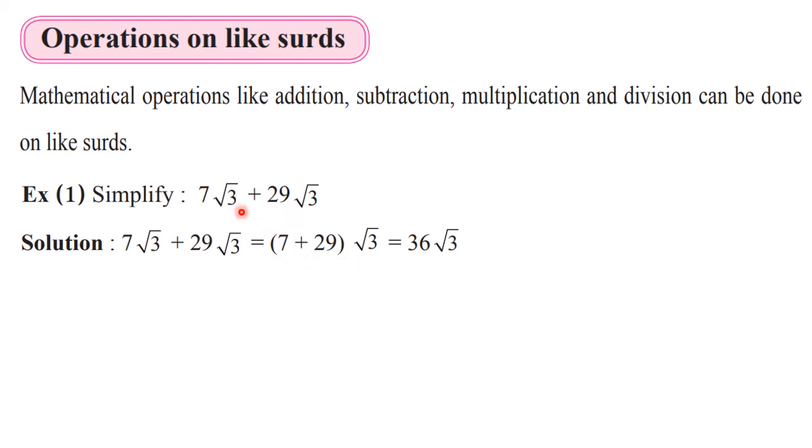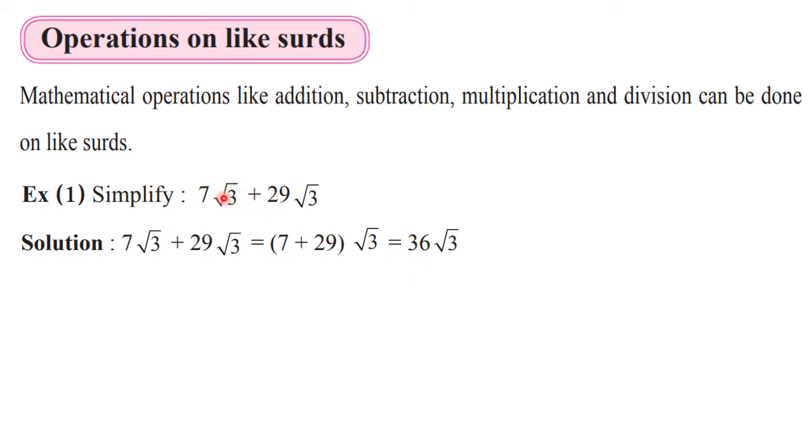Here root 3 and root 3 we are not going to add, as we are doing for 2x and 3x. We are not writing it as 5x square, or as 5 into 2x. Only x we are writing. Similarly here root 3 you have to take out common and write outside. So 7 plus 29 is 36, root 3 is your answer.